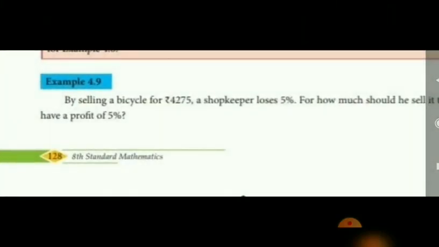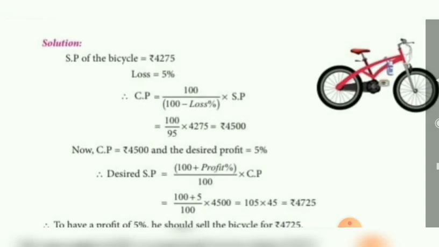Example 4.9. The selling price of a bicycle is 4,275. A shopkeeper loses 5%. How much should he sell it for to have a profit of 5%? Selling price of the bicycle is 4,275, loss 5%.